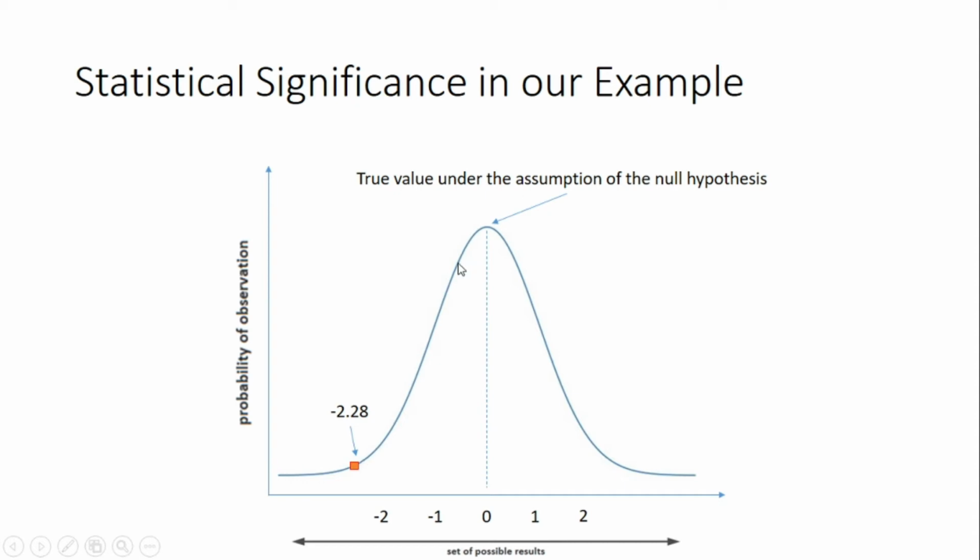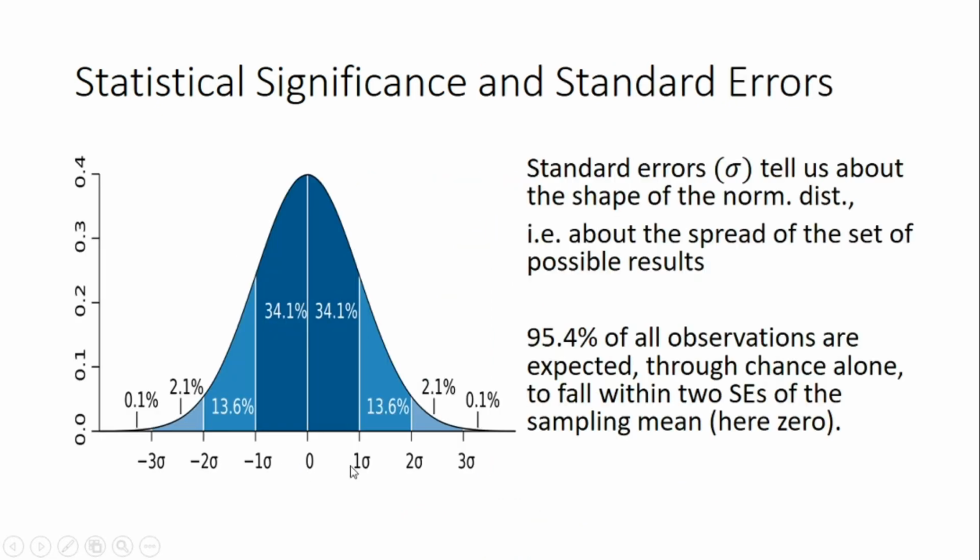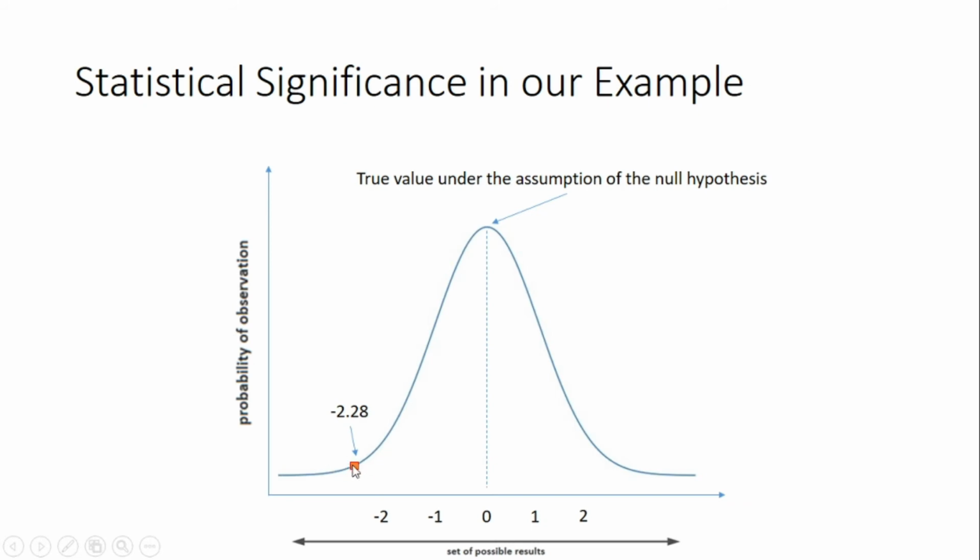Okay, so this is the idea of statistical significance. It's the probability that you find a value which is so far away from zero. If the probability of finding this value is so low, let's say it's 0.001, so there's a tenth of a percent chance that you will find such a value, then perhaps our null hypothesis that the true effect is zero is simply wrong.